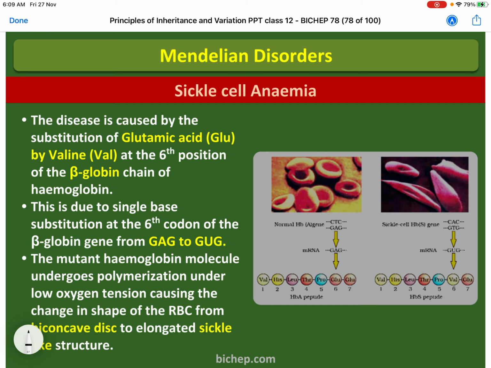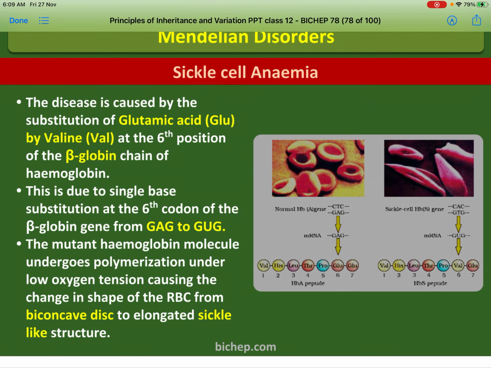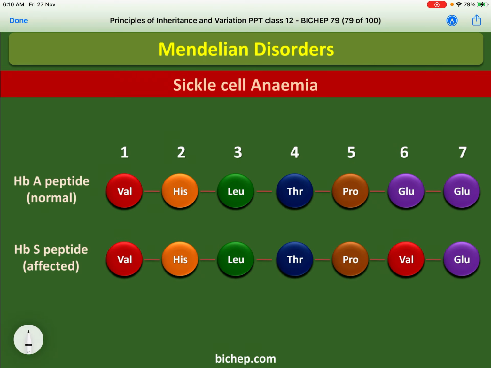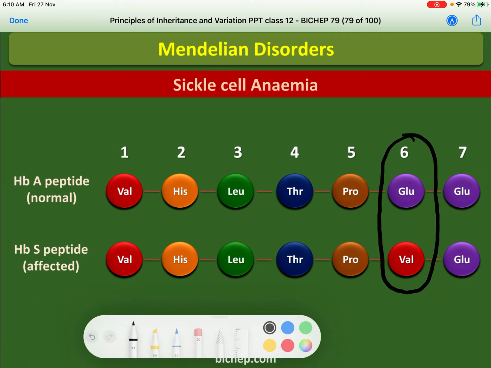So redness will disappear from the blood, and the blood appears as yellow, and this replacement is shown. Glutamic acid is replaced by valine.